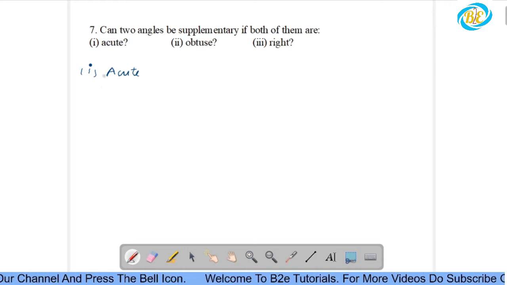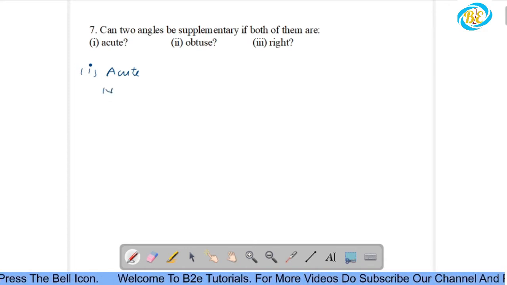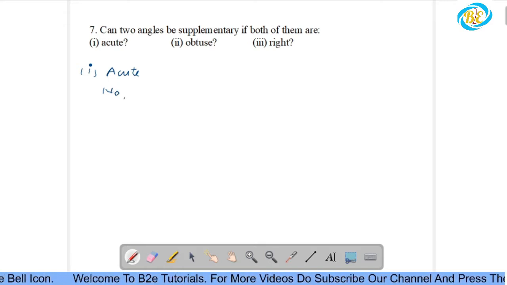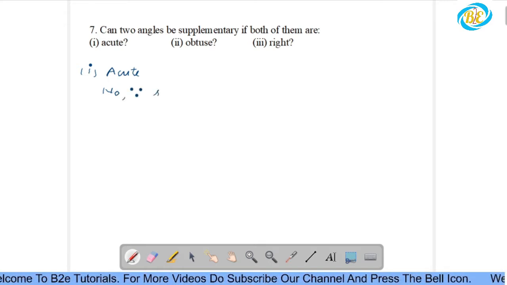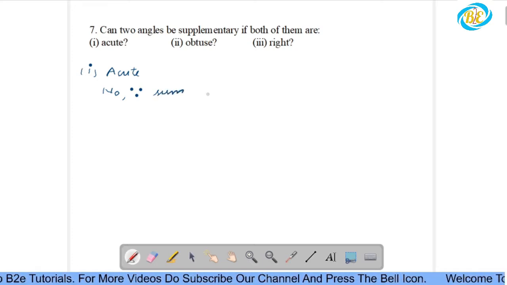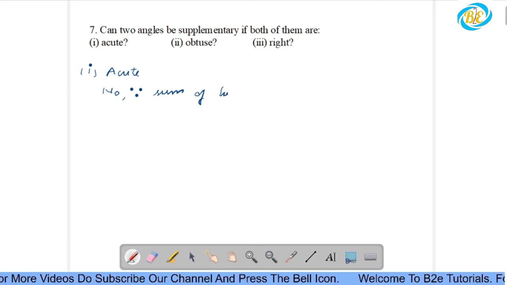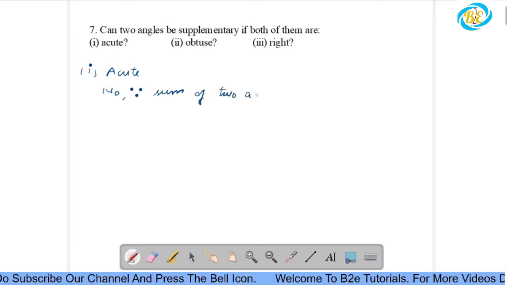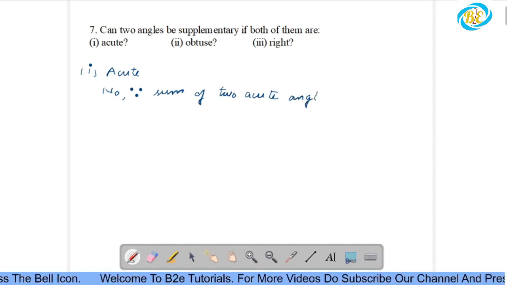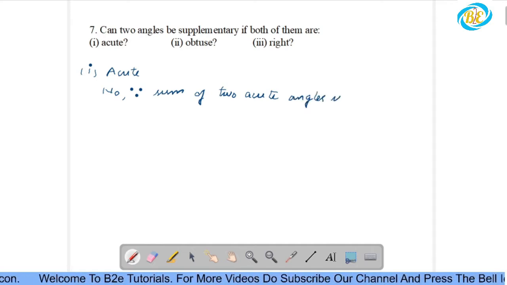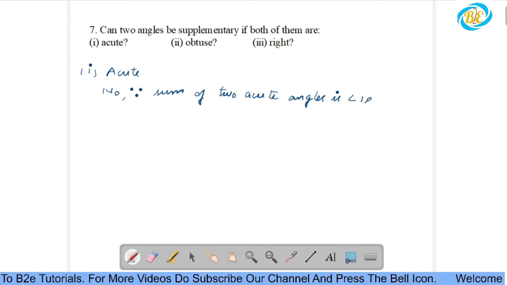Here your answer is no, because sum of two acute angles is less than 180 degree.